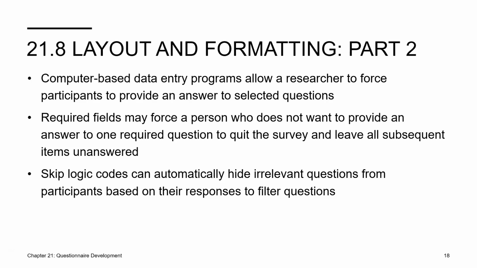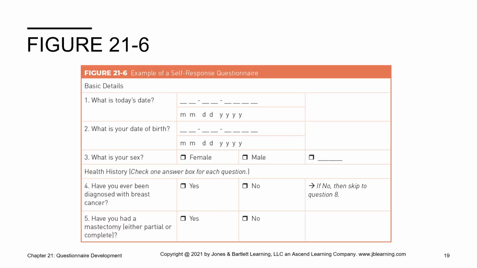And then you can also do skip logic codes so that irrelevant questions are not shown. So if you ask someone if they had breast cancer and they said no, then they move on to another section about, say, diabetes, whereas if someone had breast cancer and said yes, you could ask them questions about the different treatment type or the stage of the disease.